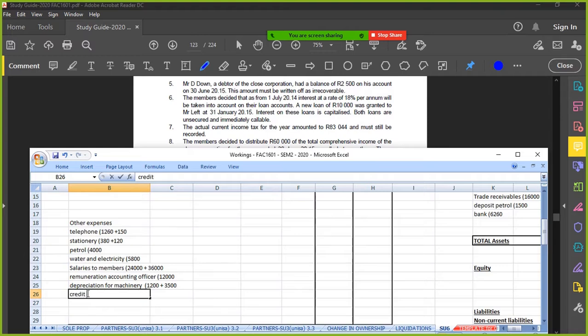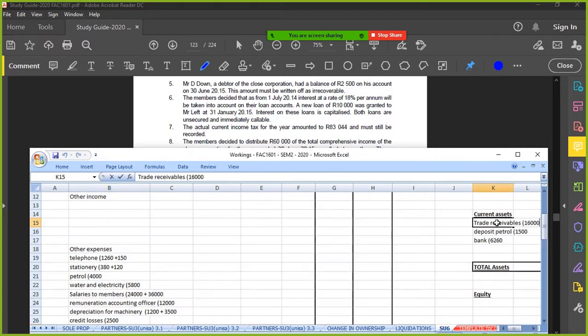Good. The amount I do not know. 2.5. Yes. Okay, what did you credit? Trade receivables. Good. Minus 2.5.